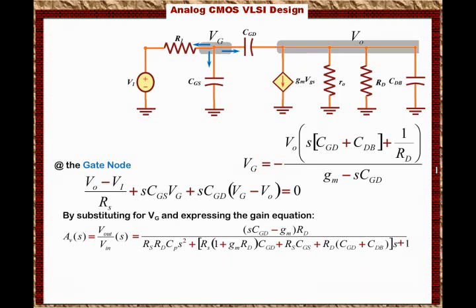What's interesting is the denominator is a second order transfer function, so keep that thought with you. Also, CP, the parallel capacitance, is given by CP equals CGS times CGD plus CGS times CDB plus CGD times CDB.